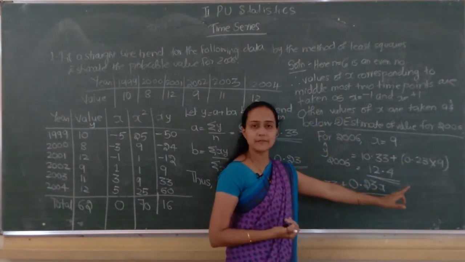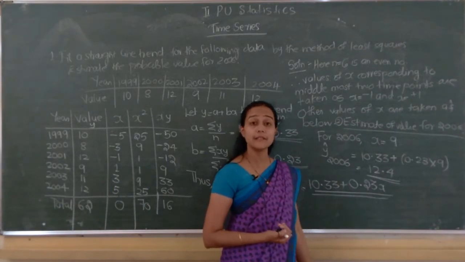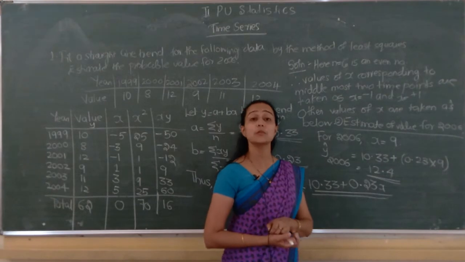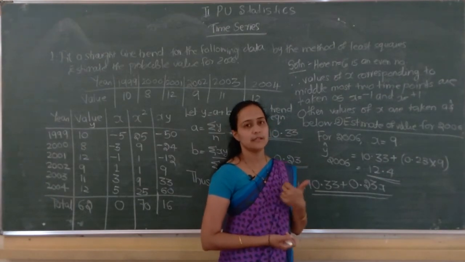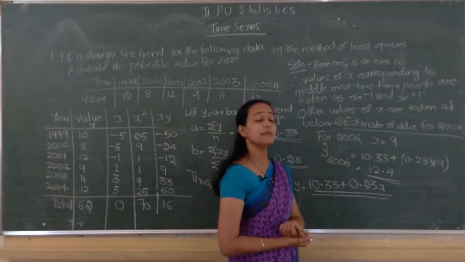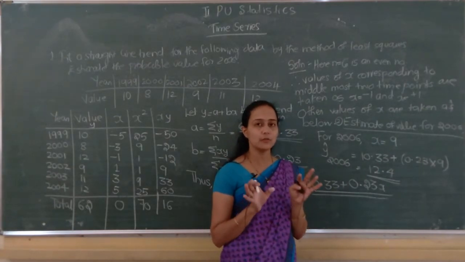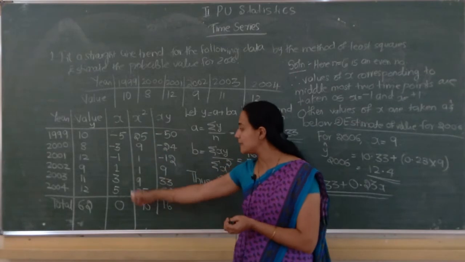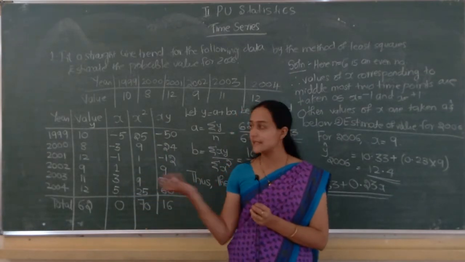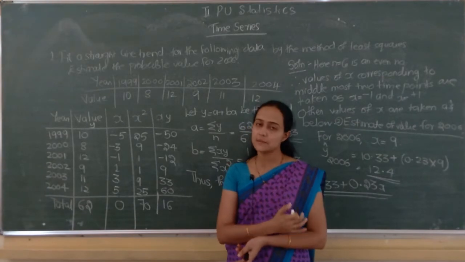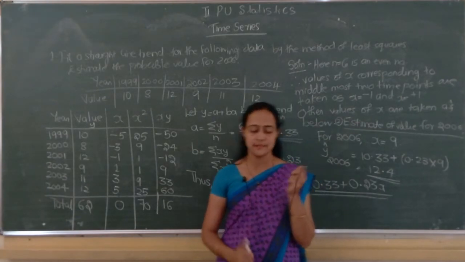First do 0.23 into 9, you will get one value, plus 10.33, it is 12.4. Clear? So this is y cap 2006. Here you just have to remember one thing: which is the year and its corresponding x value. Just substitute that value in this equation.